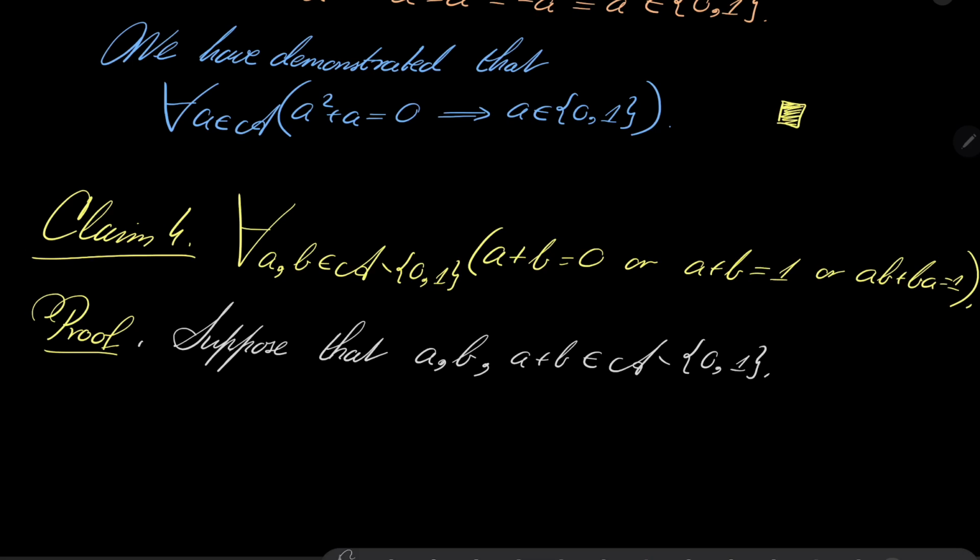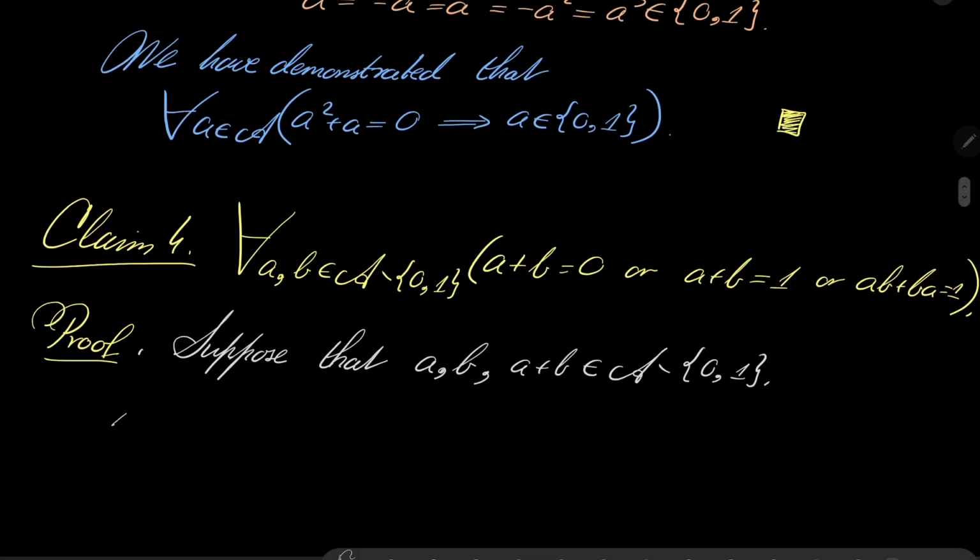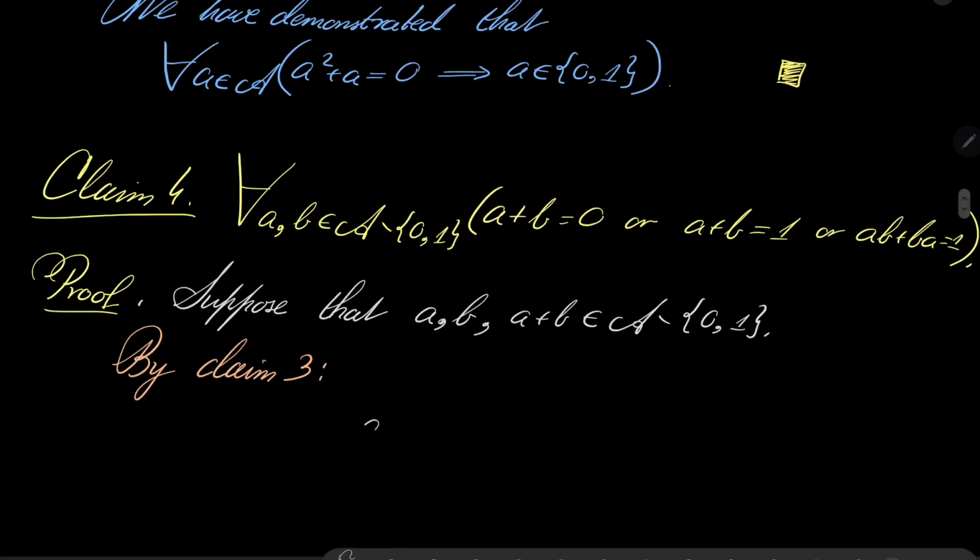Now, it's time to use claim number 3. By claim number 3, I know that A plus B squared plus A plus B cannot be 0, it must be 1.